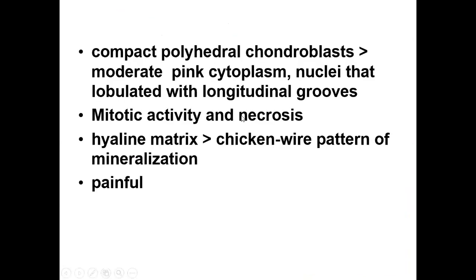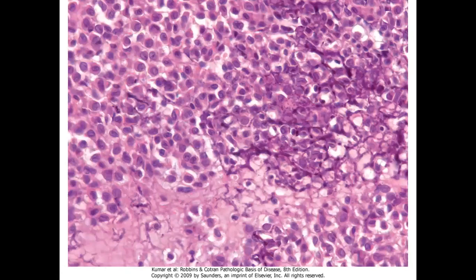There are compact polyhedral chondroblasts with moderate pink cytoplasm, nuclei with longitudinal grooves. Sometimes mitotic activity, and necrosis is rare. Chicken wire pattern of mineralization. They are painful. So this is chondroblastoma.